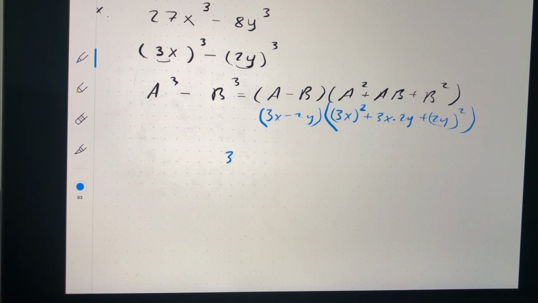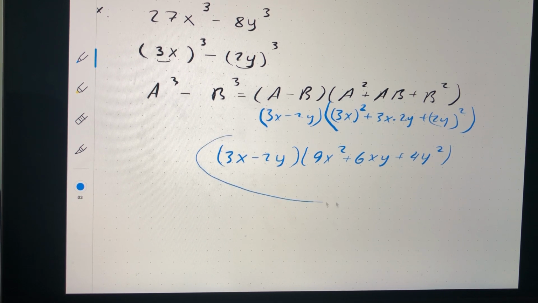By clean up, I mean that if we know that 3x squared is 9x squared, we should write that. If we know that 3 times 2 is 6, we should write that. And 2y squared is 4y squared. And that's it, that's the final answer.